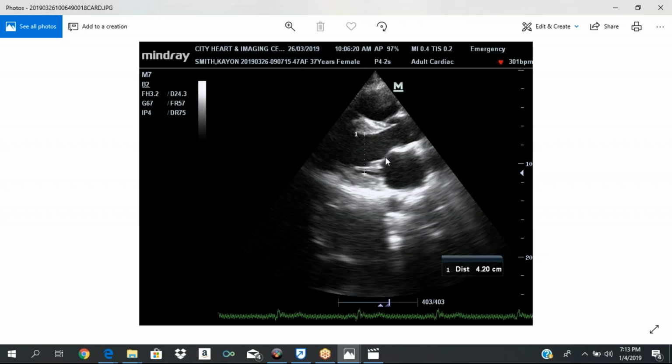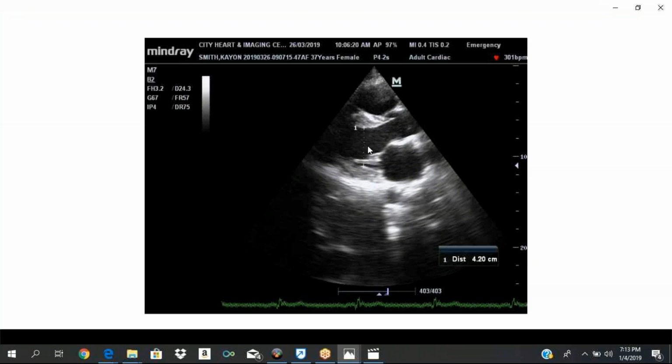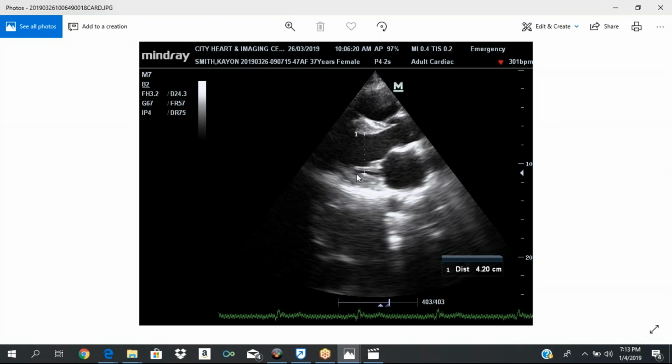All right. So again, when you're measuring the LV cavity size, this measurement, this line should be perpendicular to the plane of the LV. Again, the plane of the LV is not straight down. The plane of the LV follows the LV cavity, so it's like that.